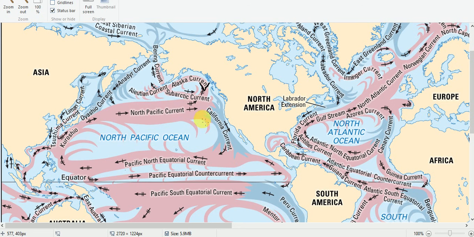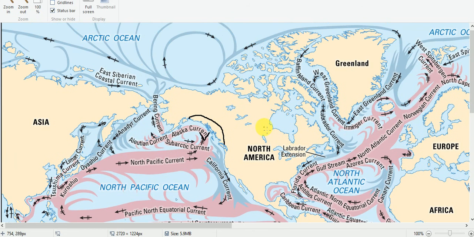When the warm ocean current hits this coastal area, the western part of North America, this coastal area will warm up, and there will be rainfall.